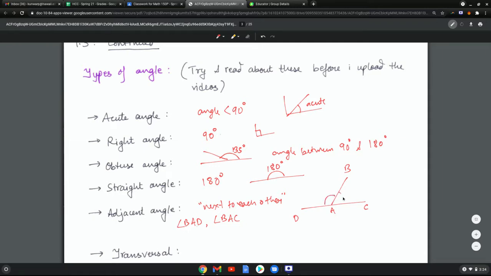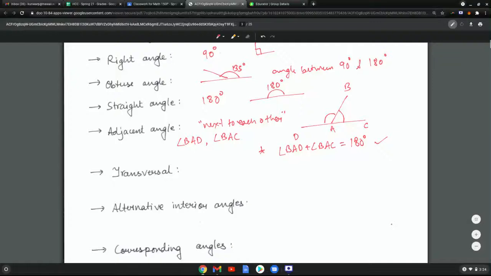Why? Because they are right next to each other. An additional thing you will note here is what happens when I add these angles, BAD and BAC. They become a straight angle. And what is a straight angle? A straight angle is 180 degrees. That's pretty clear from the figure that you have here.